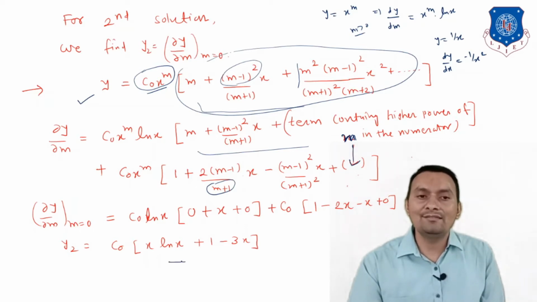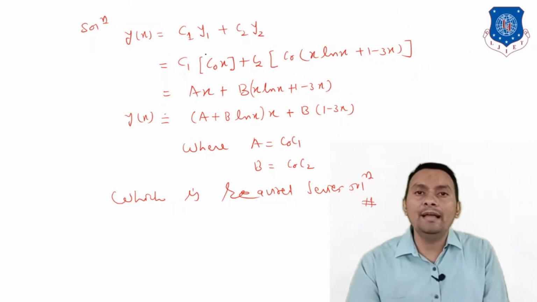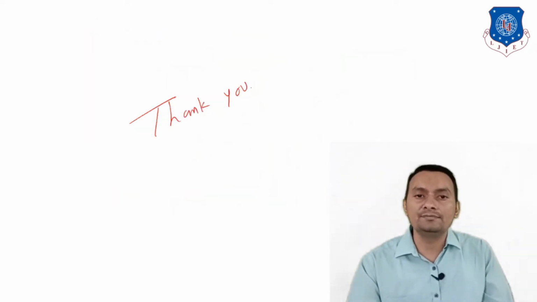So this is y2, and therefore your general solution will be y of x is equal to c1 y1 plus c2 y2. So just replace y1 and y2 over here, take c1 c0 as a, and c0 c2 as b, and after simplifying you will get this one, and that will be the required solution.